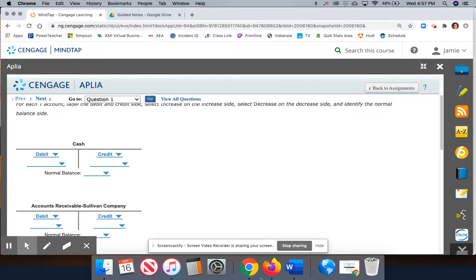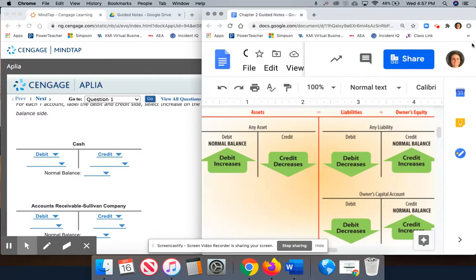It might be a good idea as you're going through these to pull up our note guide, and you'll see here that in the note guide on the 2-1, you have a really good visual of our accounting equation, assets equal liabilities and owner's equity. That's a good reminder. So like I said, assets increase on the left.